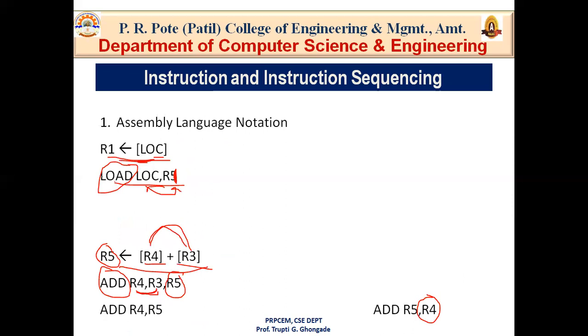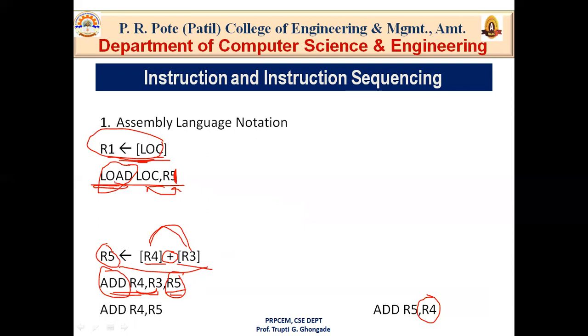So this is assembly language notation, but instead of LOC transferring to R1, instead of this syntax, we write it as load LOC comma R5. So load is used in assembly language notation. For adding the contents of registers or memory locations, instead of this sign, we use add in assembly language notation. Here R4 and R3 are your source contents and you are transferring the result into R5, that means R5 is your destination.